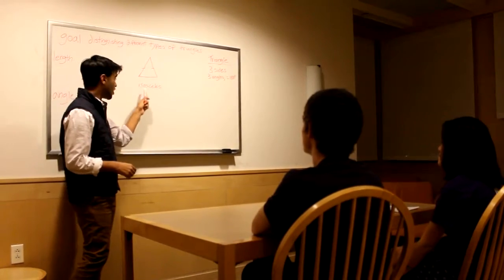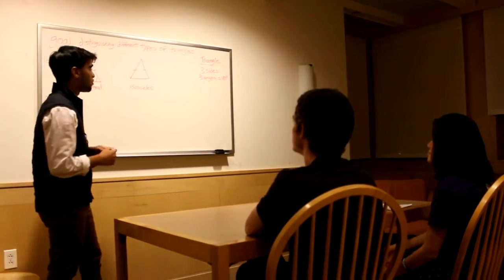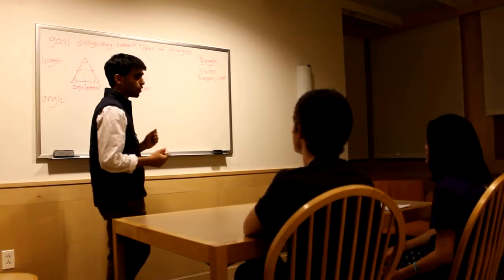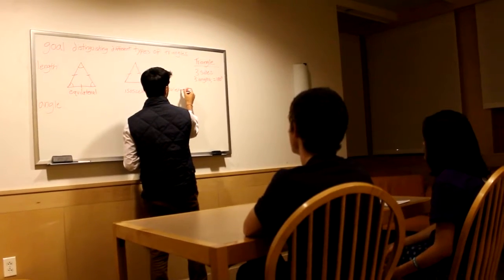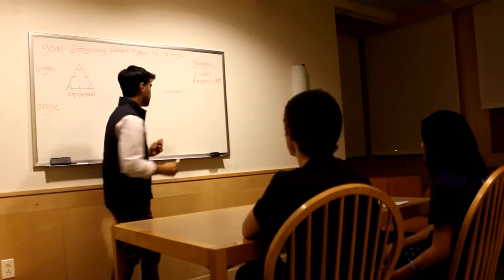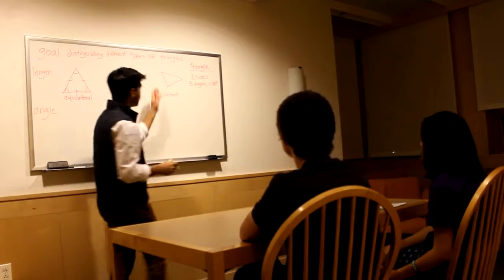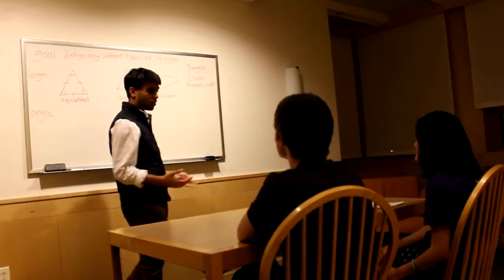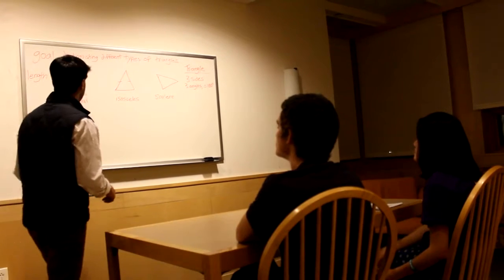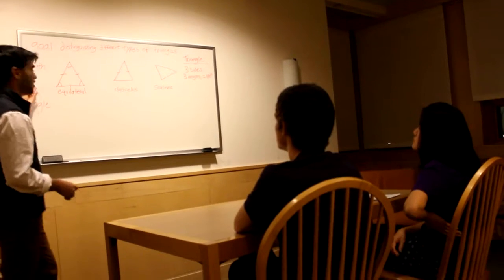In our isosceles triangle, we have 2 sides that are the same. And in our final triangle, a scalene triangle, no sides are going to be the same. So, in this triangle, all 3 sides are different, and all 3 angles are different. So, this is how we classify triangles by length.